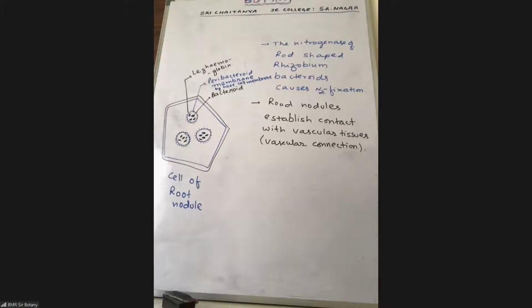The infection thread carried the rhizobium bacteria into the cortex and released them in the cortical and pericycle cells, by fusion of the membrane of the infection thread with the membrane of the cells. On release there, the bacteria induced rapid mitosis in cortical and pericycle cells to form root nodules.